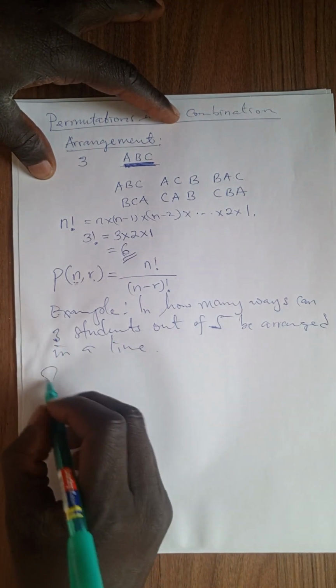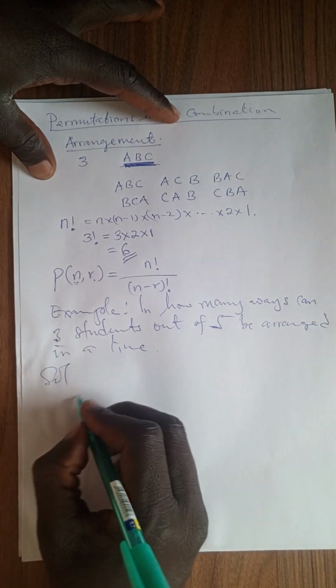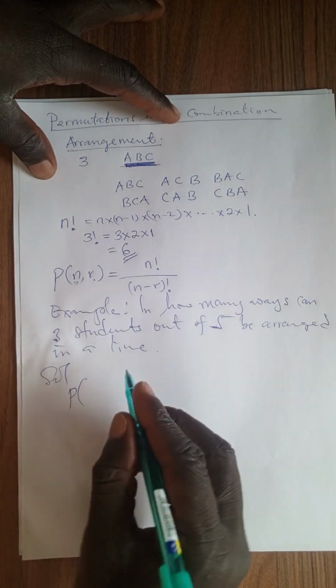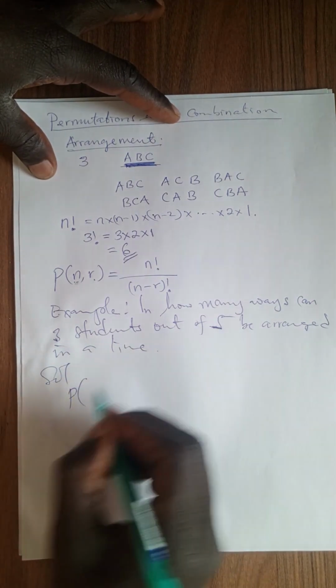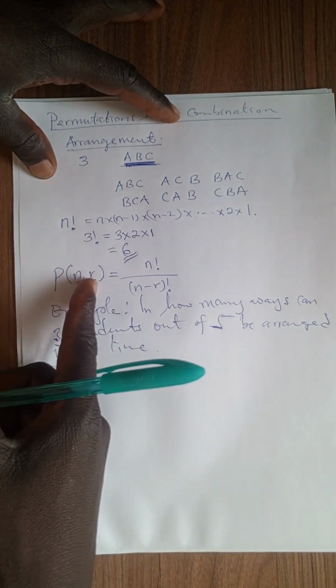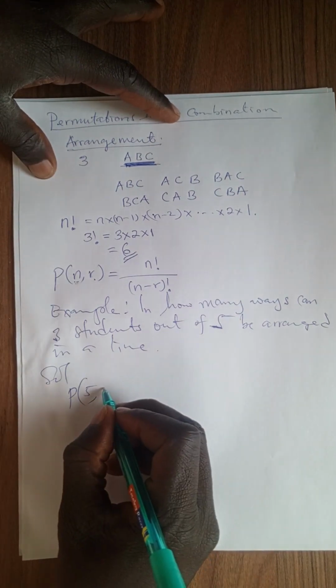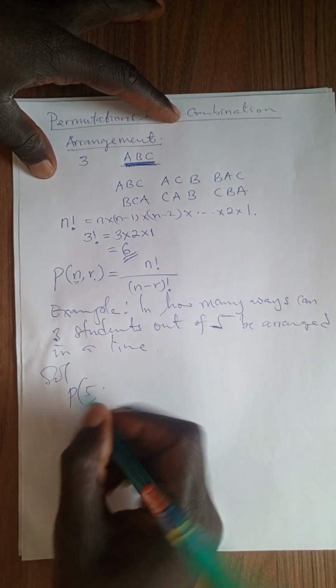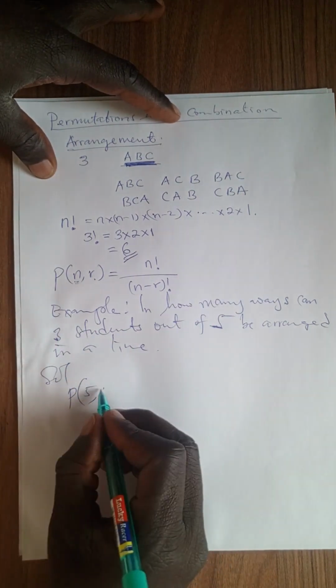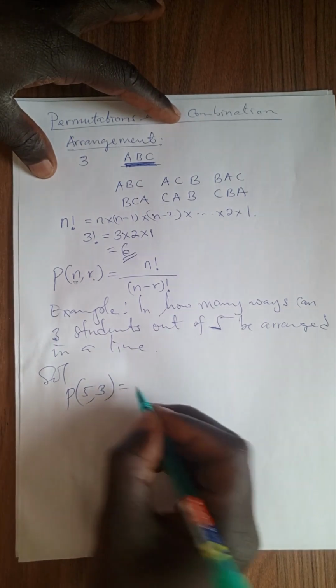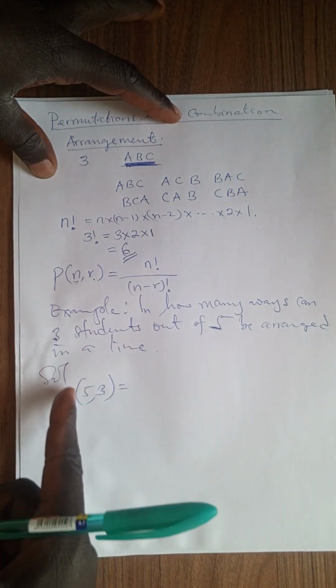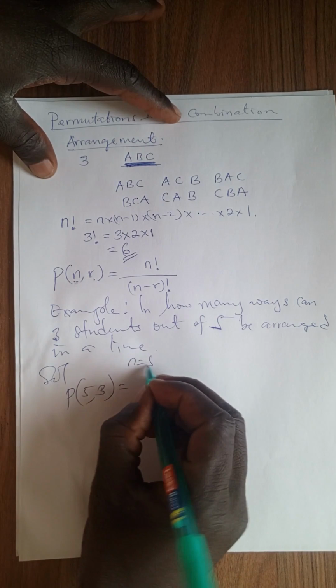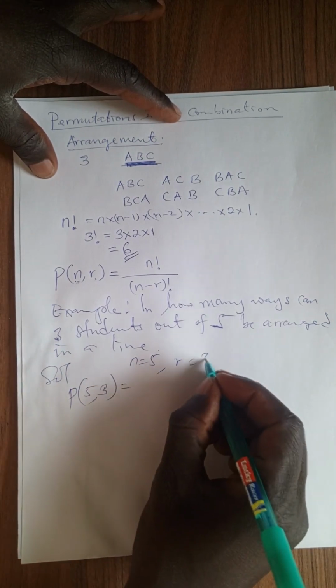So to solve this, you use the formula for the permutation of n objects. N is 5 here, and you are picking 3 out of 5, so your r is this. So n factorial, but my n equals 5, my r equals 3.